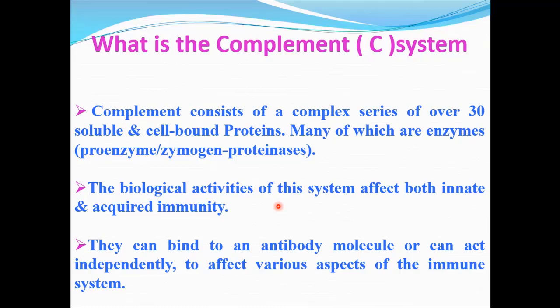Some proteins in the complement system can be activated after binding to an antibody molecule, but some activation pathways in the complement system are independent of antibody for activation. I'll talk about these matters in later slides.